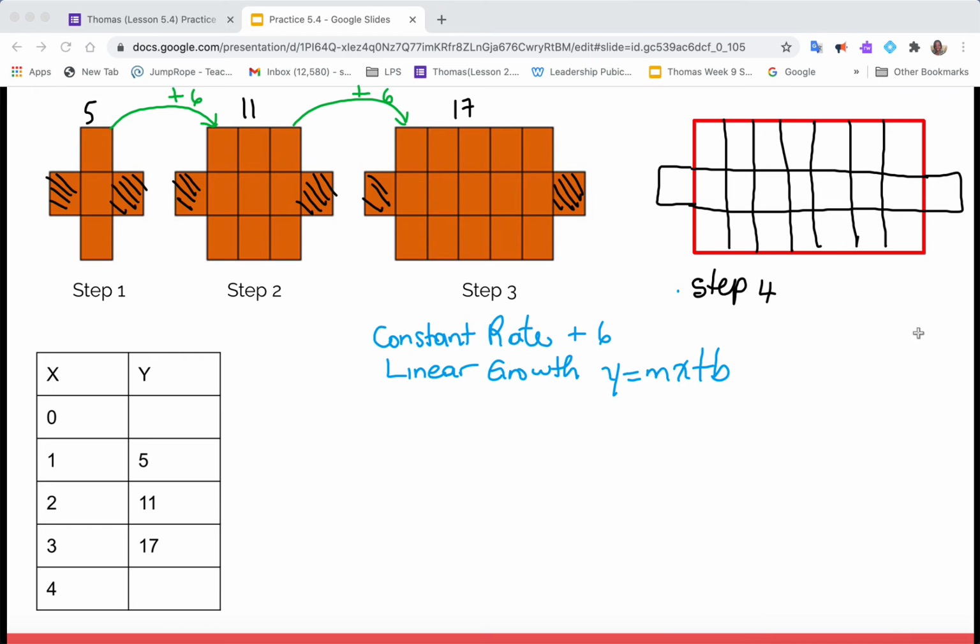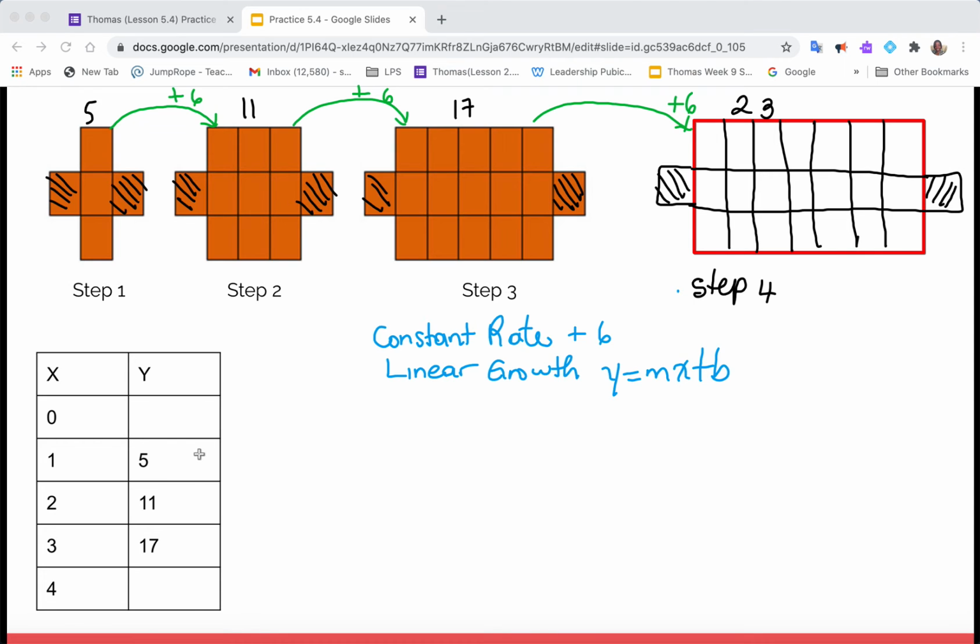So this is what my step 4 looks like, and there's my additional 2 pieces. And so this would be 7 times 3, 21, plus 2, 23. And we're noticing that that pattern continues because from 17 to 23, that's a plus 6.